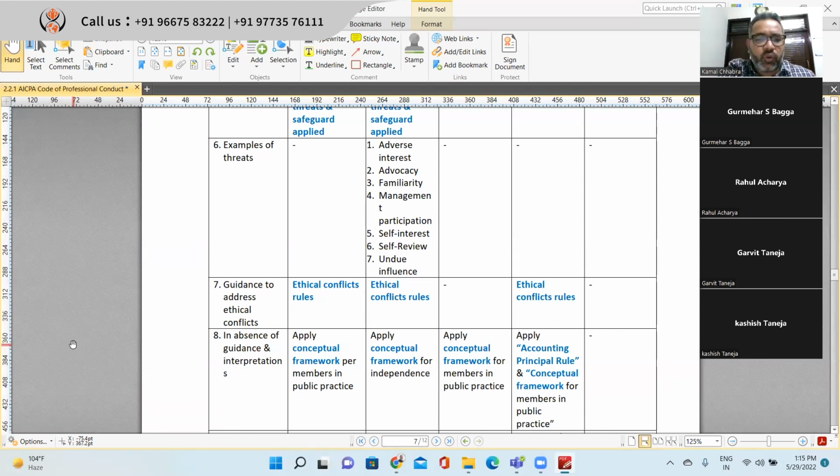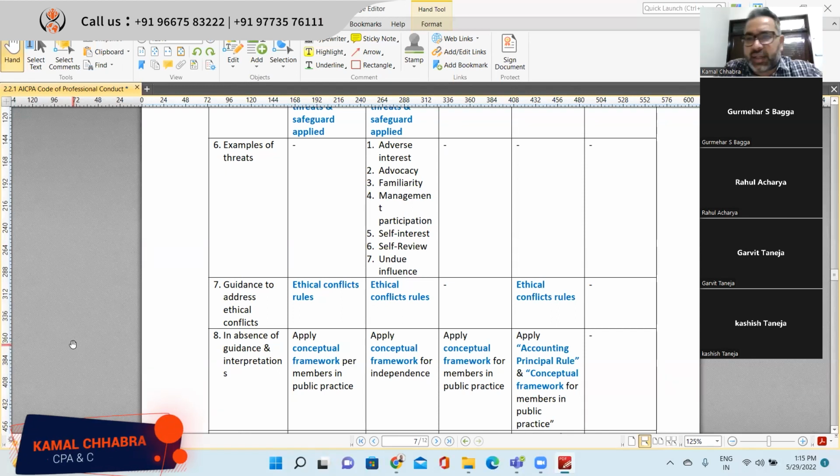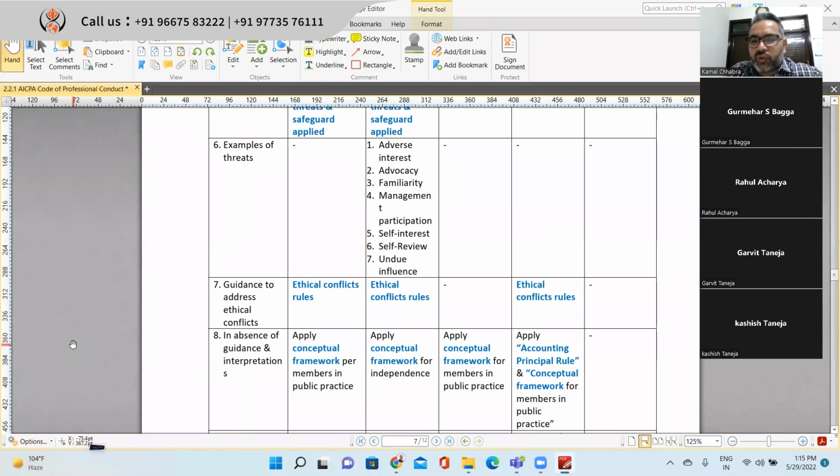Whereas self-review is, for example, you have done the debtor agings for the client and you have identified that these are the debtors which are more than 1 year old and required a provision, right? And the client has accepted that as it is. Then you will not be in a position to review that debtor aging because you yourself have made it, right?